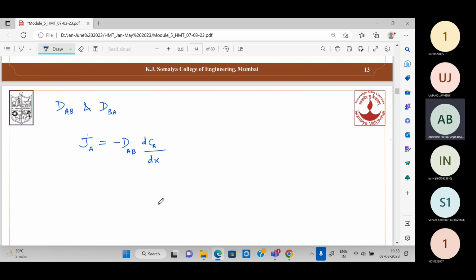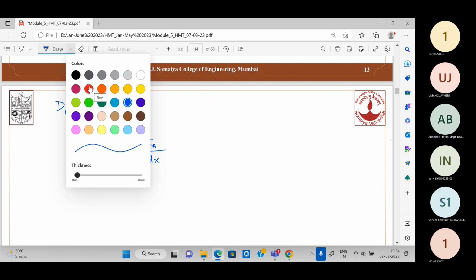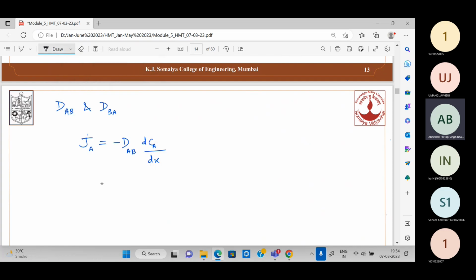Fick's law of diffusion is analogous to Fourier's law of heat conduction and Newton's law of viscosity.